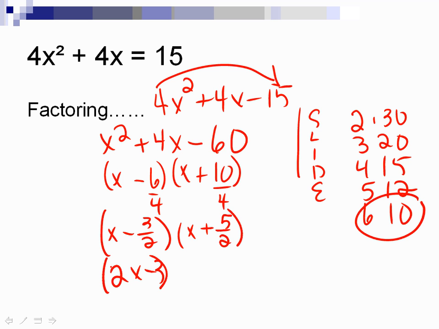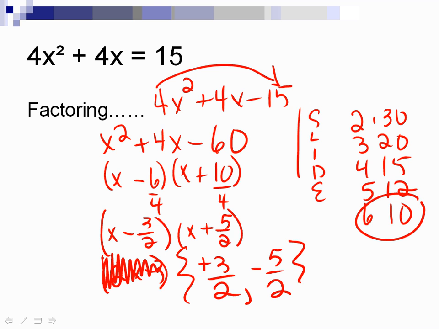Oh, we're solving. You're right. We don't have to do this because we're solving. So our two solutions are going to be positive 3 halves and negative 5 halves. Do I put parentheses around these? No, this is not a point. This is actually 2 points.